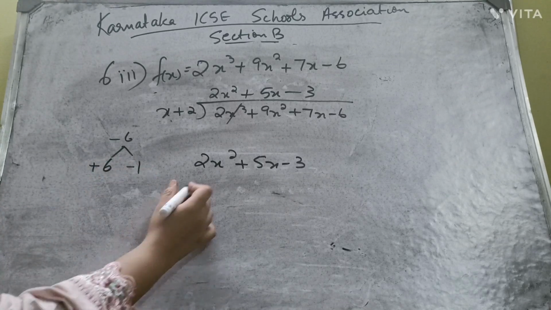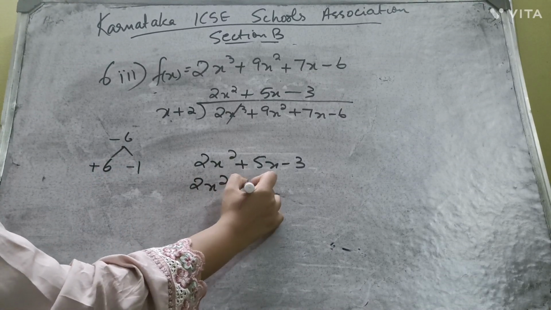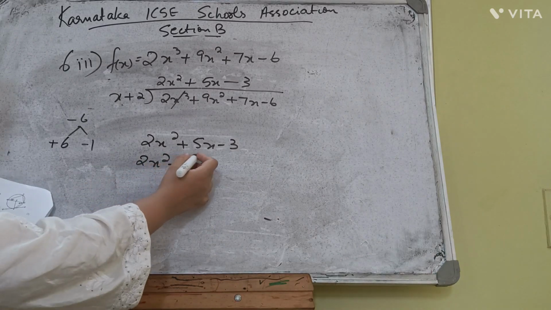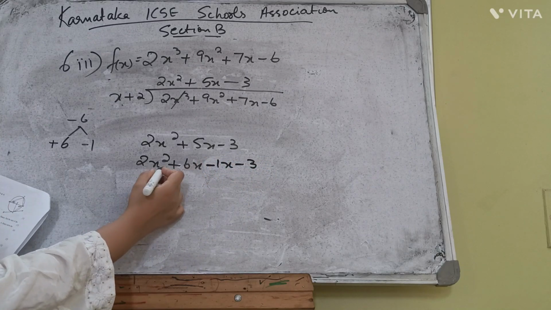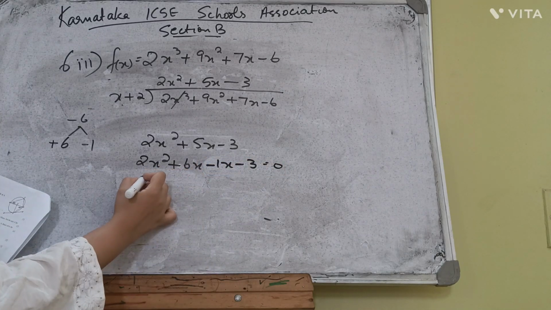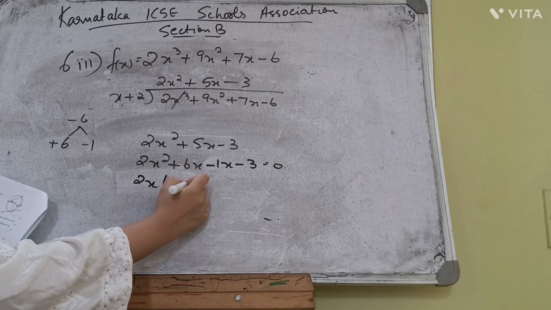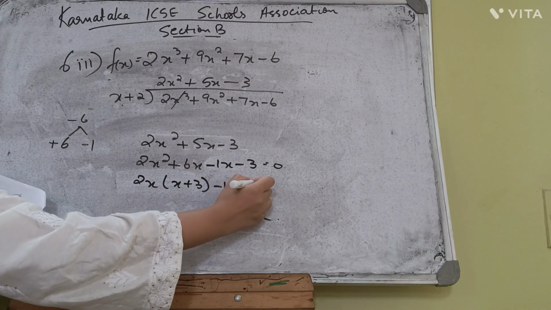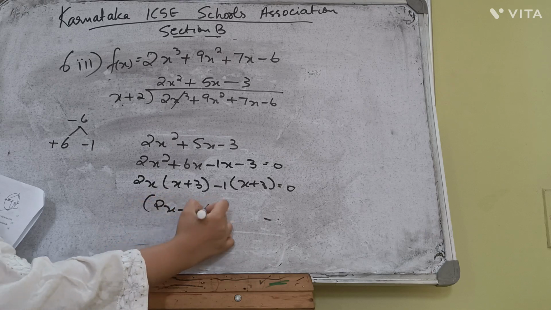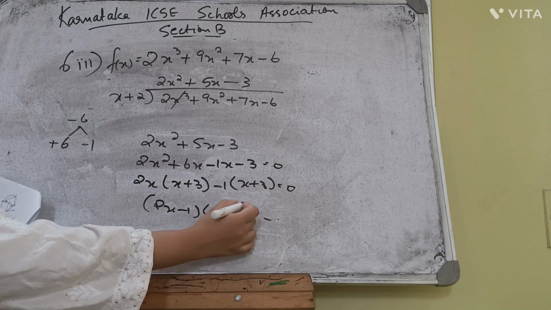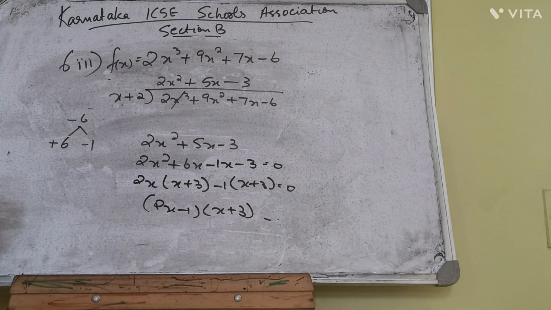How about 6 ones are? So this will be plus and this will be minus. 2x square plus 6x minus x minus 3 equal to 0. So 2x is common. x plus 3 minus 1 is common. x plus 3. 2x minus 1 and x plus 3 are the two more factors that we get.